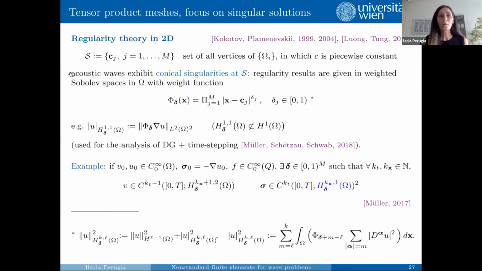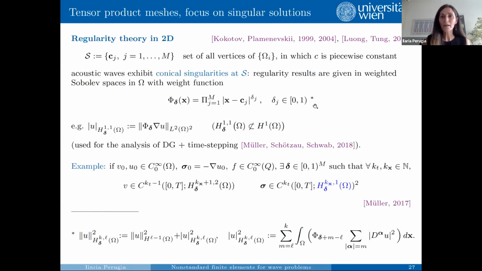And so basically what I have is that the solutions to the wave equation do not belong to the standard Hilbert spaces, but they belong to weighted Hilbert spaces, where the weights are products of functions that measure the distance from corners, elevated to a given exponent between 0 and 1.